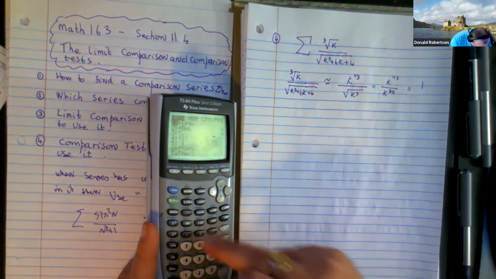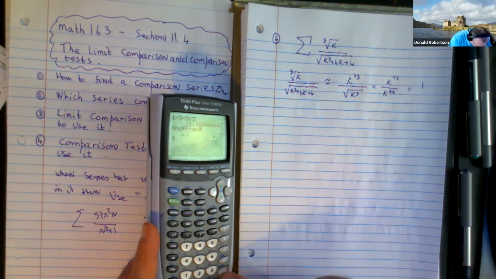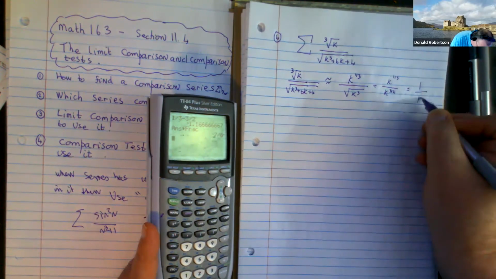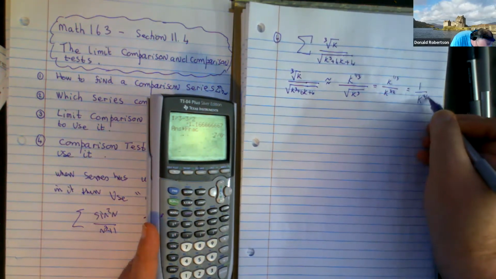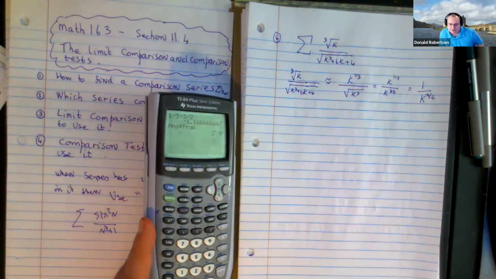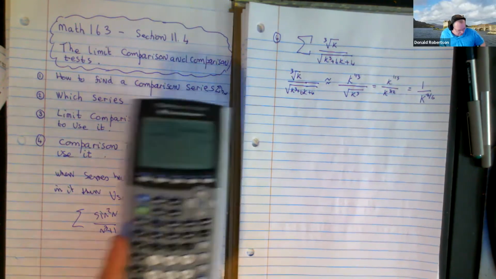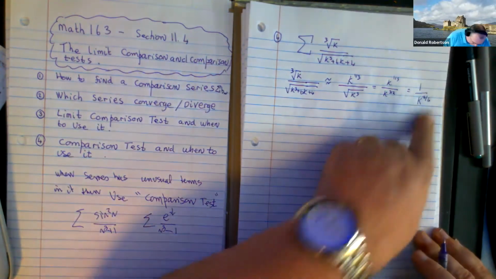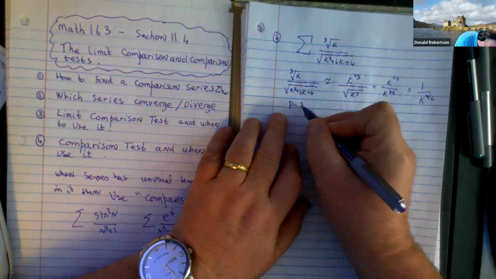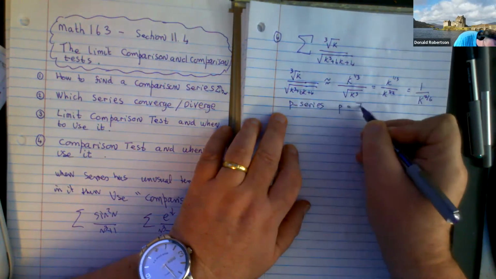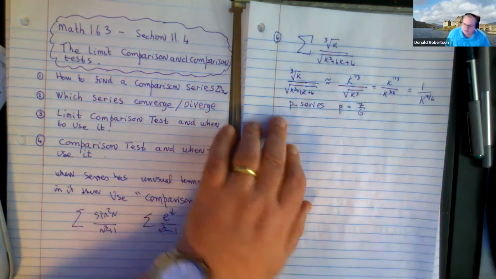And then go math, make me a fraction, and you get that guy. And since that's a negative power, it's the same as 1 over positive 7/6, right? K to the negative 7/6 is the same as 1 over k to the positive 7/6, right? That's the P series. The P value is 7/6.